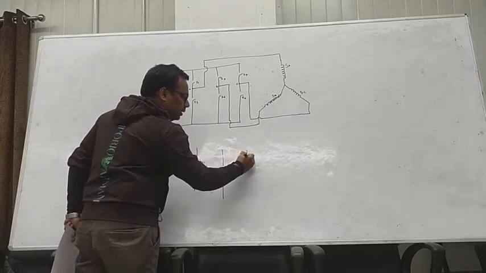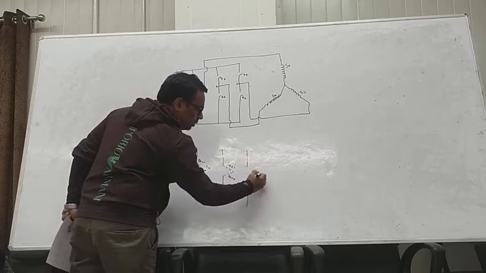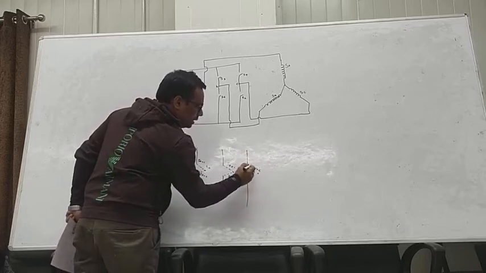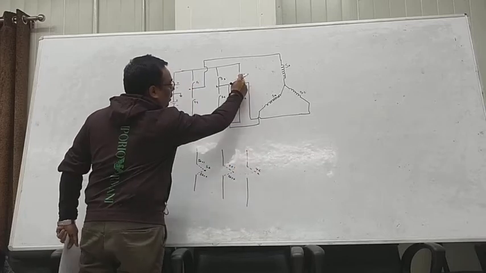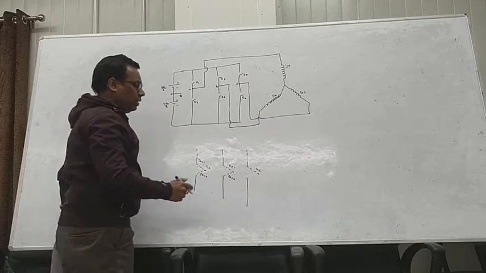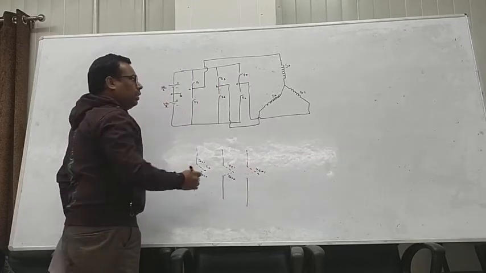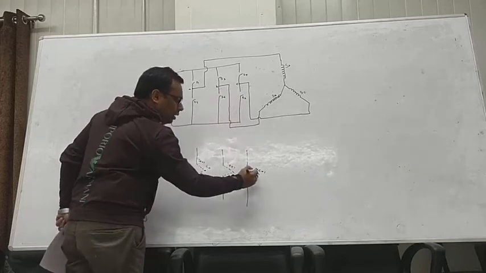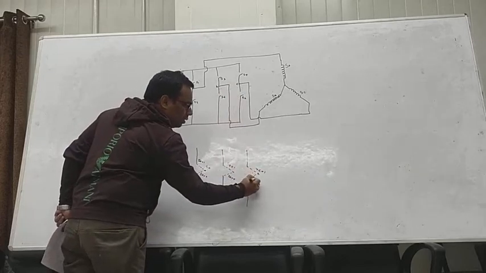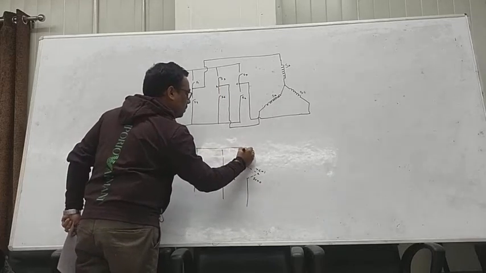In the case of leg C, the third leg, I am considering this as SC. If switch S5 is turned on, then SC is equal to 1. If S2 is turned on, then SC is equal to 0.